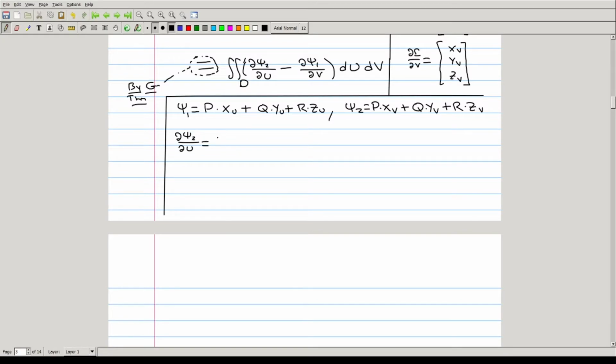So it'll be dp du xv plus p times xuv, which stands for the second partial derivative of x, first with respect to v and then with respect to u.